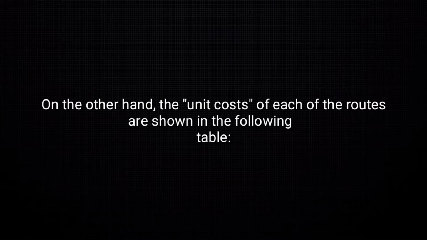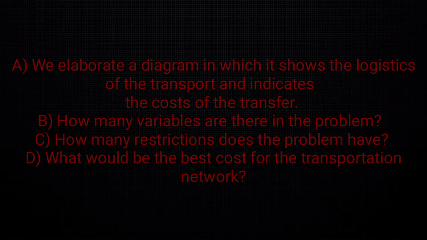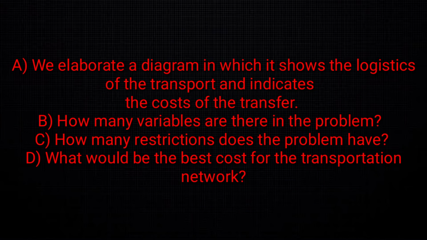On the other hand, the unit cost of each of the routes is shown in the following table. A. We elaborate a diagram which shows the logistics of the transport and indicates the cost of the transfer.